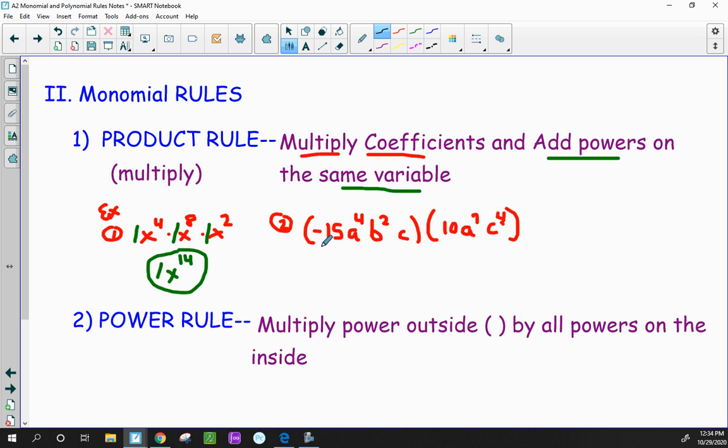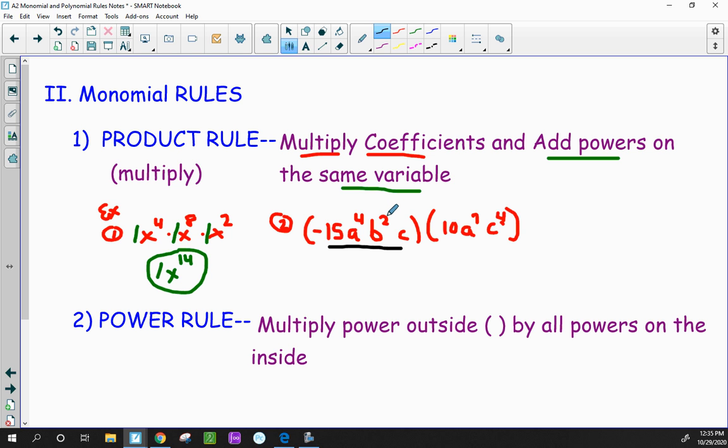Okay, it's important to notice what I'm underlining. I have underlined one term. That is considered a monomial because it has a number and it has a variable or variables actually attached.